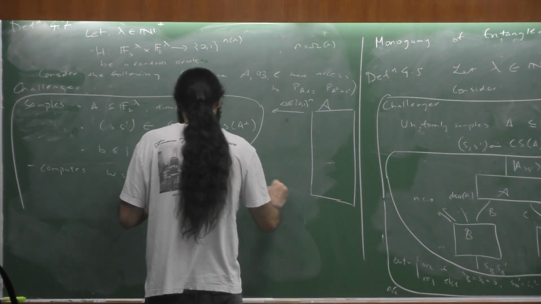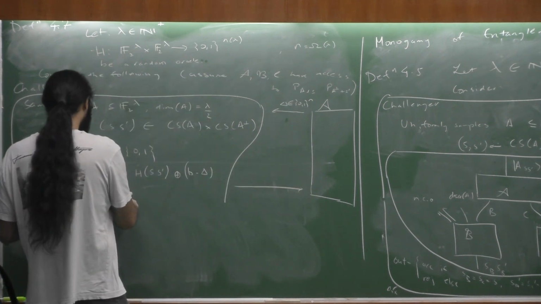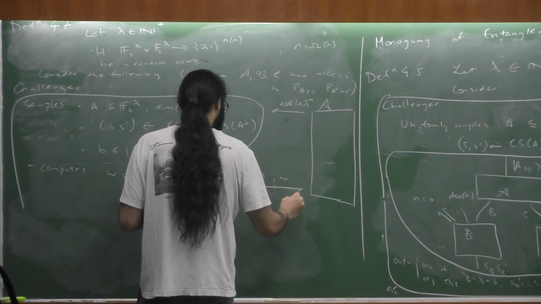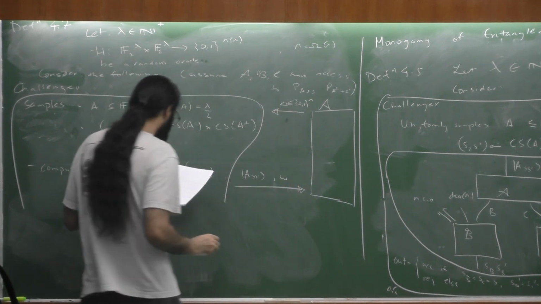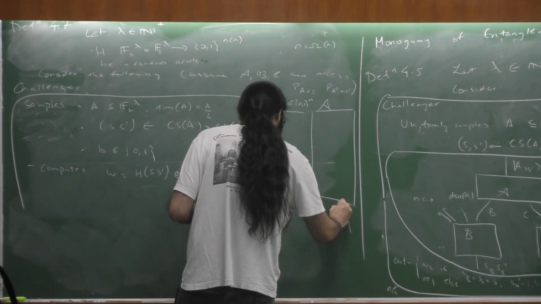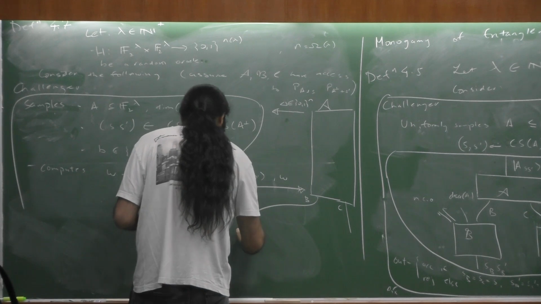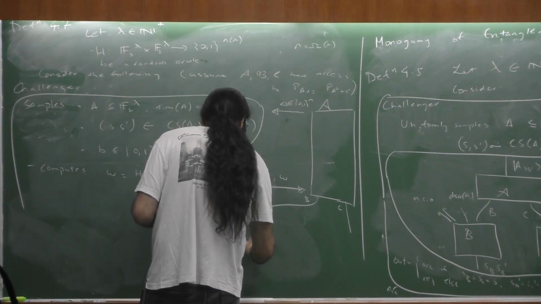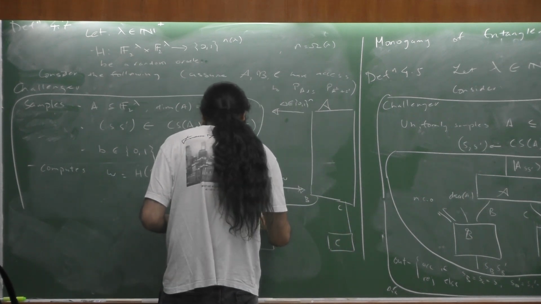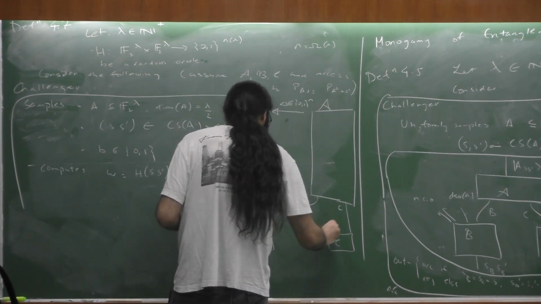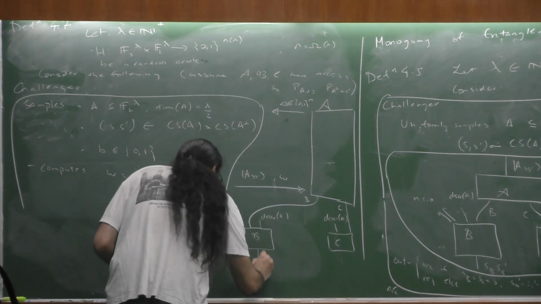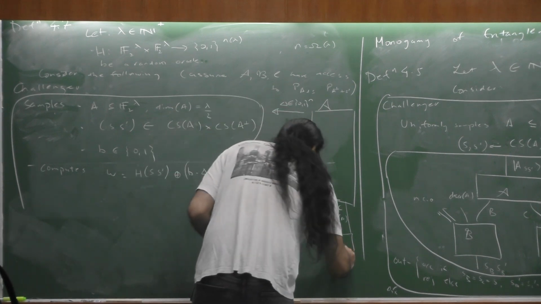Then the challenger will send the coset state and the bit W, so they'll send A, S, S prime and this W. And you're going to get B and C. So this is Bob, this is Charlie as before, and they get the description of A as well. Again they have to output b_B and b_C.